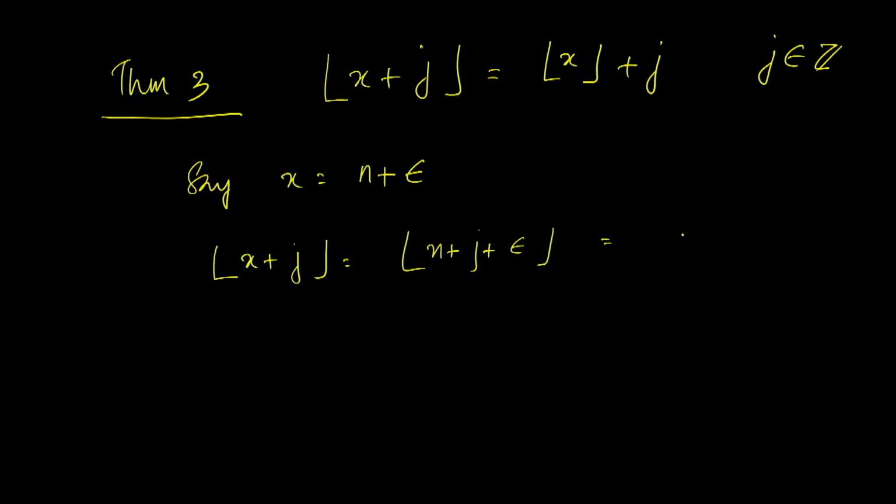So, this would be n plus j. Floor of x is n, so the right hand side is n plus j, which is the same as the left hand side.